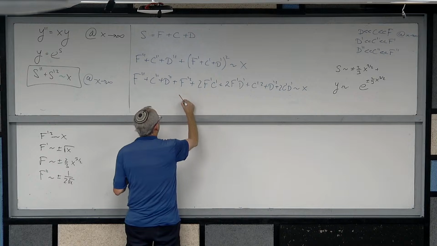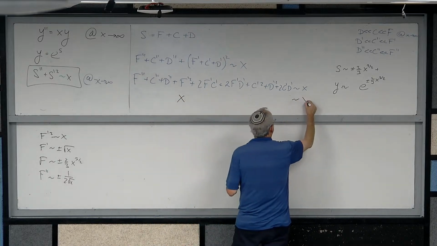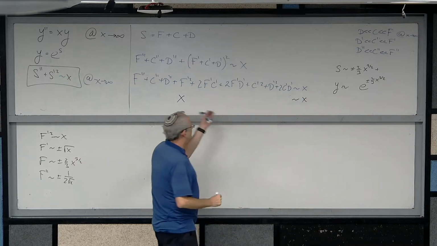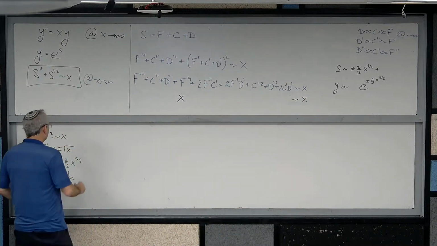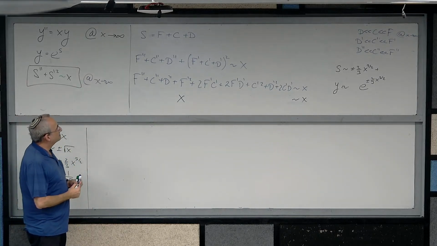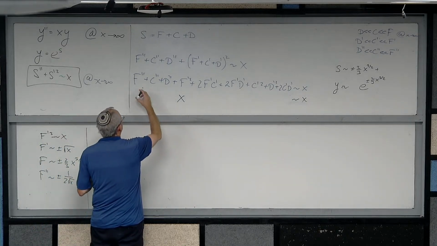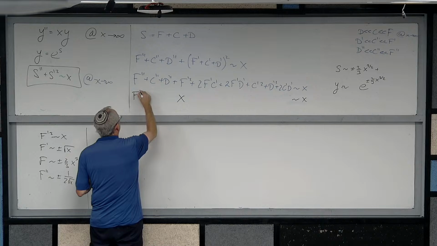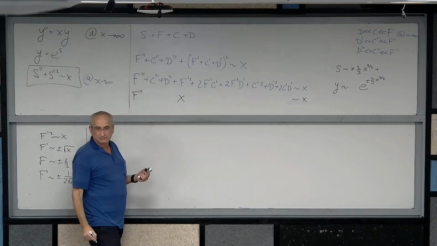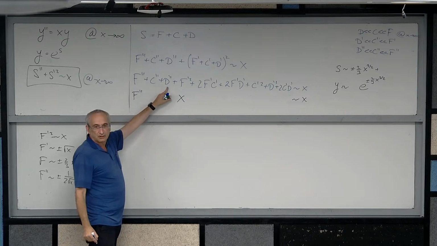So f prime squared is x. And we have the x here. And they will cancel each other. That's the meaning of what we did in the first step. Now, what will be the next? From these three, I can still say that f double prime is the dominant one, right? Because by definition, this and this are negligible with respect to f double prime as x goes to infinity.